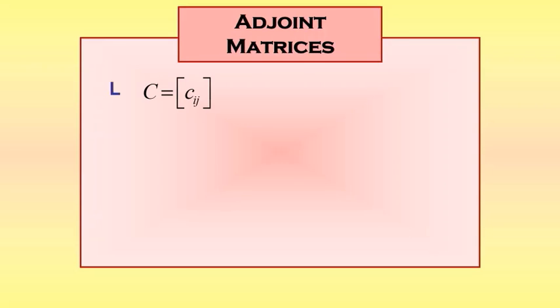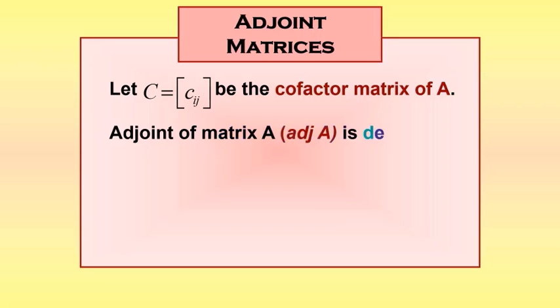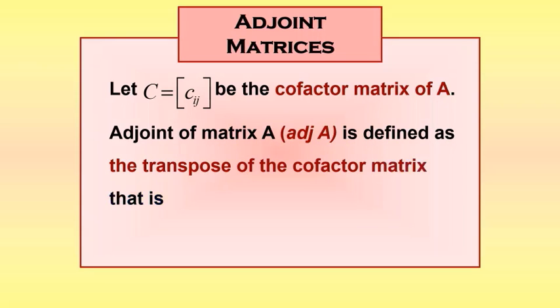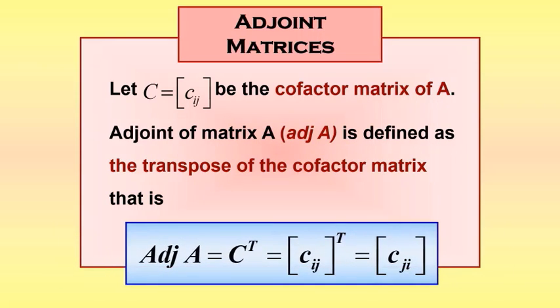Okay, let's go how to find the inverse of a 3 by 3 matrix. So we have to know how to find the adjoint matrix for the 3 by 3 before we proceed with the inverse. Okay, let C is the cofactor matrix of A, so the adjoint is the transpose of the C matrix or cofactor matrix. Okay, adjoint is equal to C transpose.